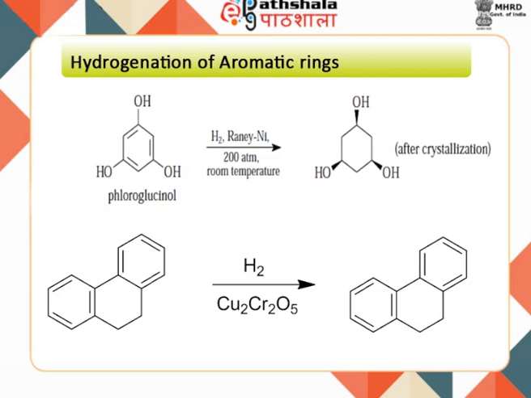In the example shown here, 9,10-dihydrophenanthrene or anthracene is obtained by reduction over copper chromite, and to fully reduce them requires a more active catalyst.